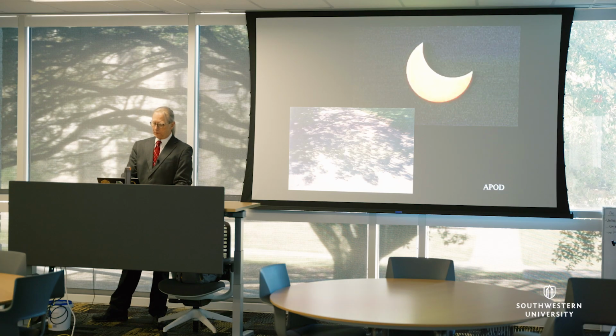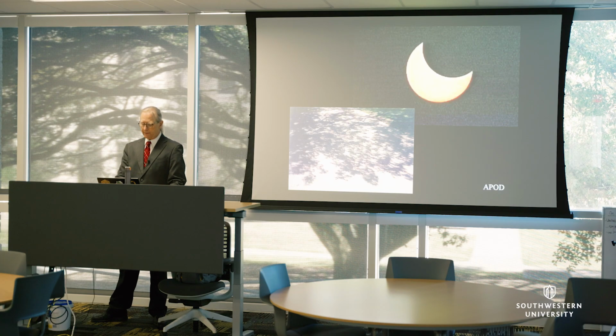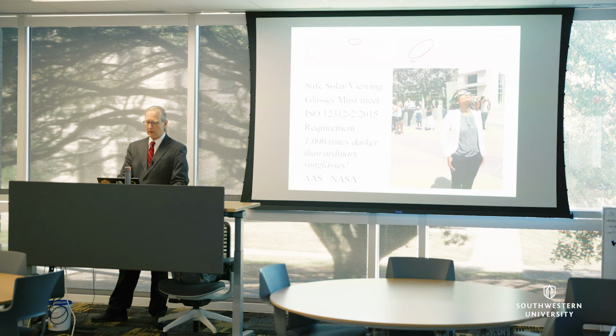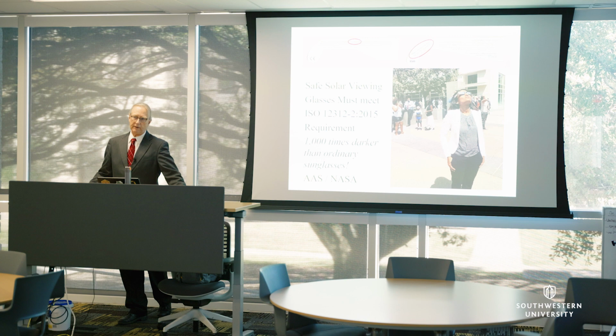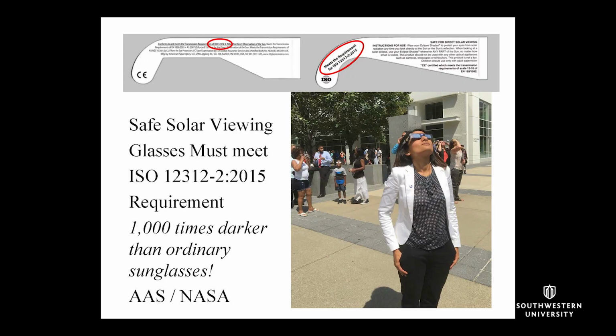If you do want to look directly at the sun, you need safe solar viewing glasses. And while there are knockoffs, there are some safety guides that you ought to follow. You want to look for ISO 12312-2. Sometimes there's a year here, sometimes there isn't, but that needs to be on your glasses. Otherwise, you don't know whether they're safe or not.